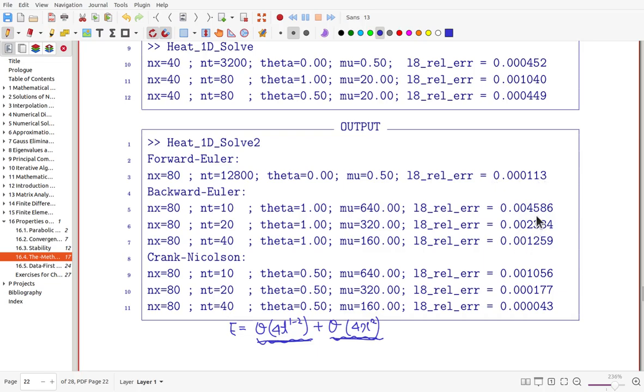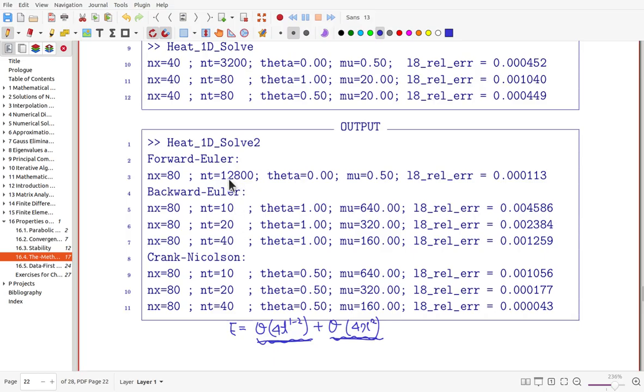Now, that is first order, so if you want to reach this level of accuracy, you may try to refine the time direction about 10 times, so if you choose about 400 or 500 points in the time direction, then by using backward Euler, you can reach this level of accuracy.